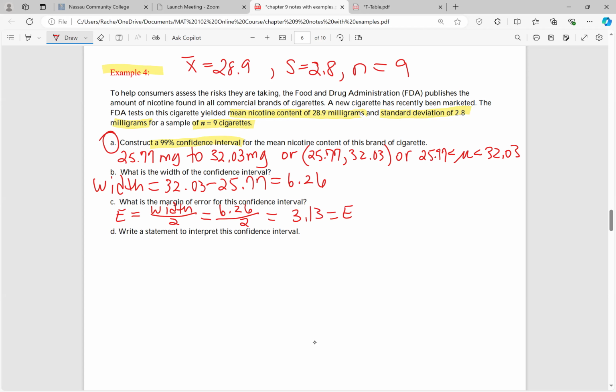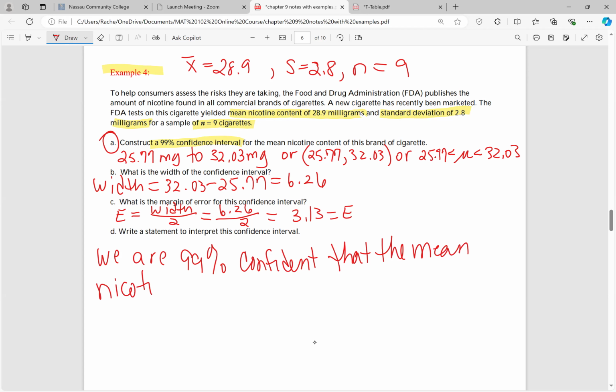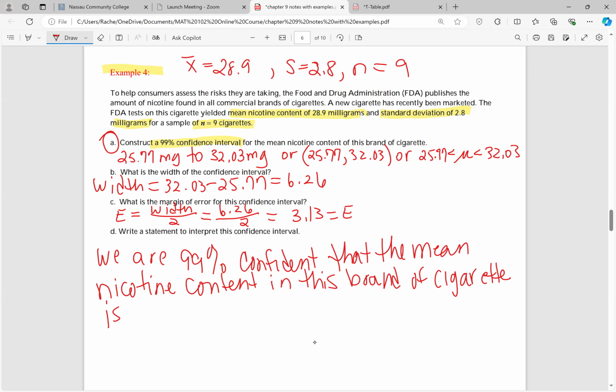And then let's write a statement to interpret this confidence interval. So the way we interpret this is we say we are 99% confident that the mean nicotine content in this brand of cigarette is between 25.77 milligrams and 32.03 milligrams.